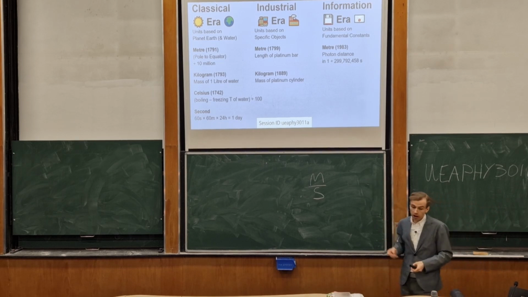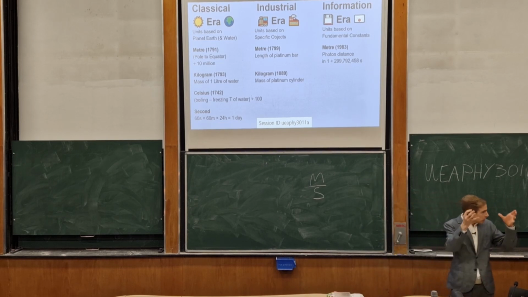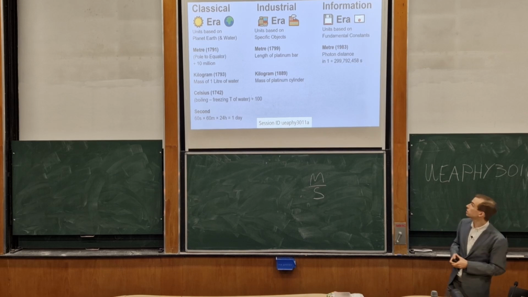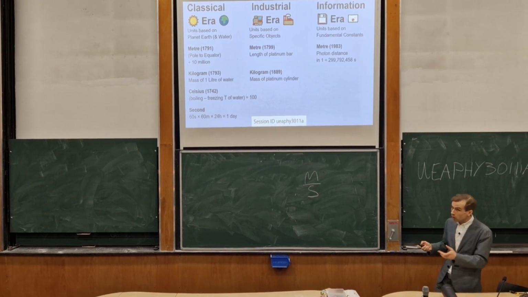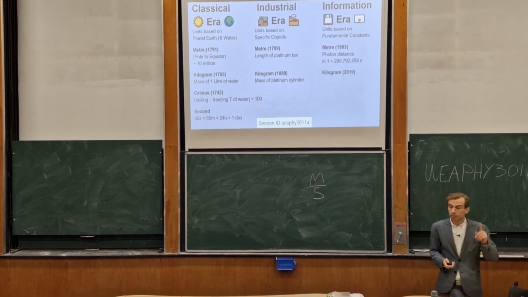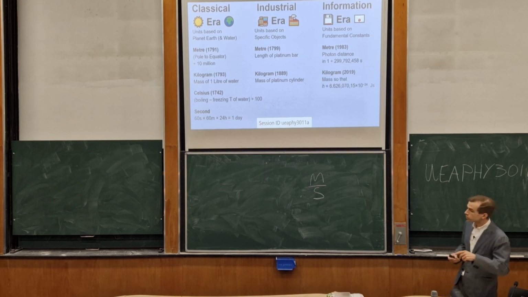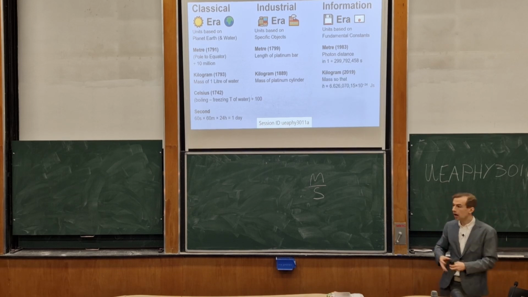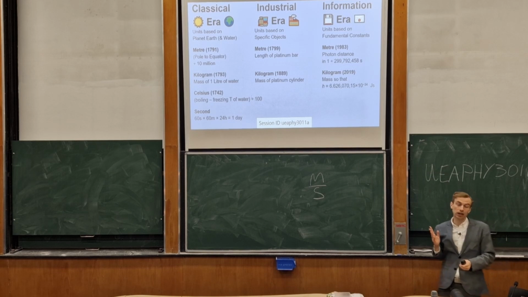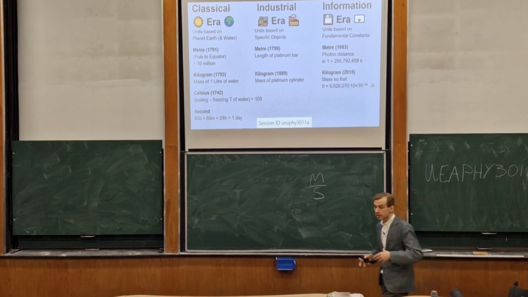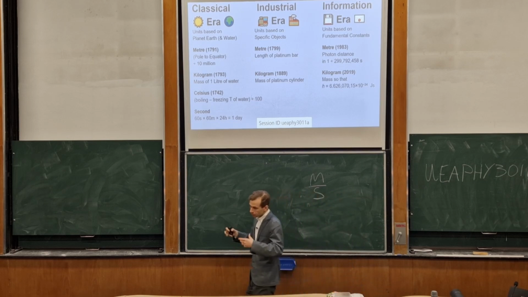So with the kilogram, until very recently, the kilogram was just the mass of this platinum cylinder. Now the kilogram is defined as the particular mass, so that Planck's constant comes out at this exact value here. So we're going to learn about what Planck's constant is next semester.